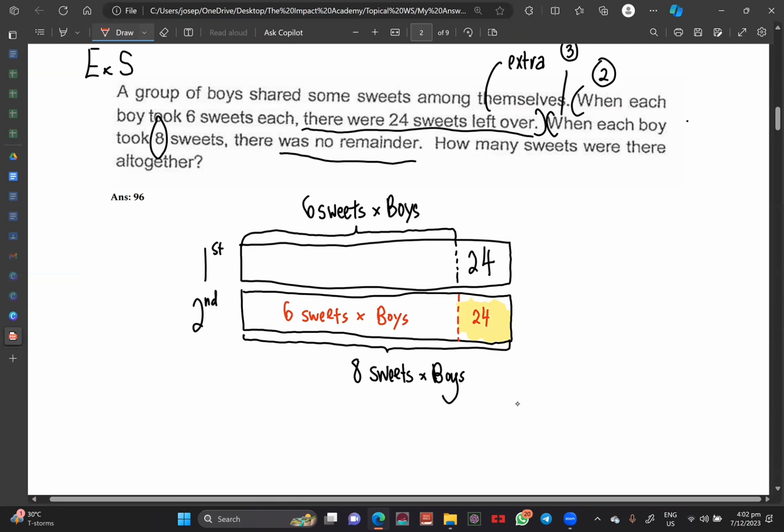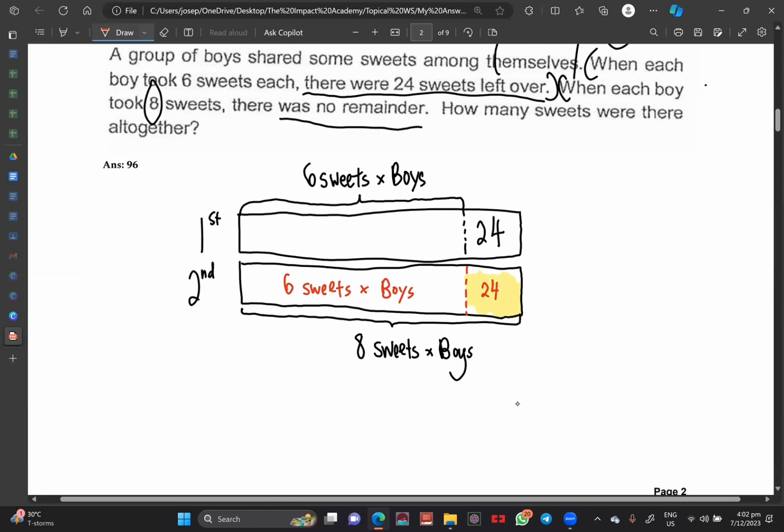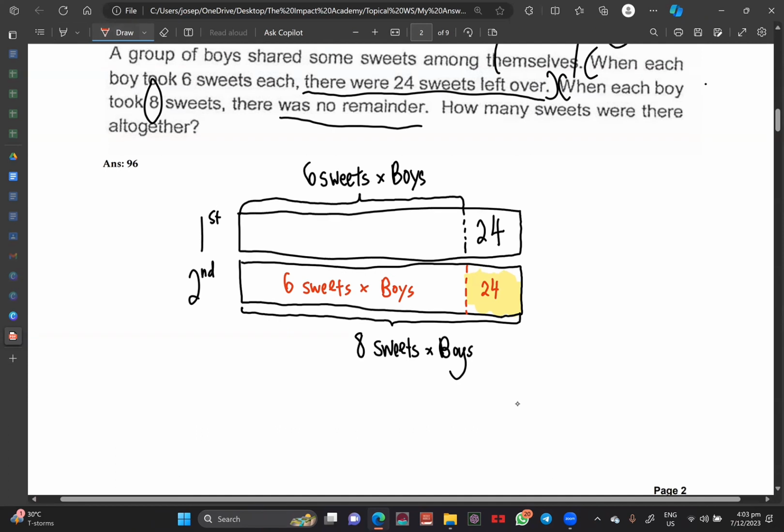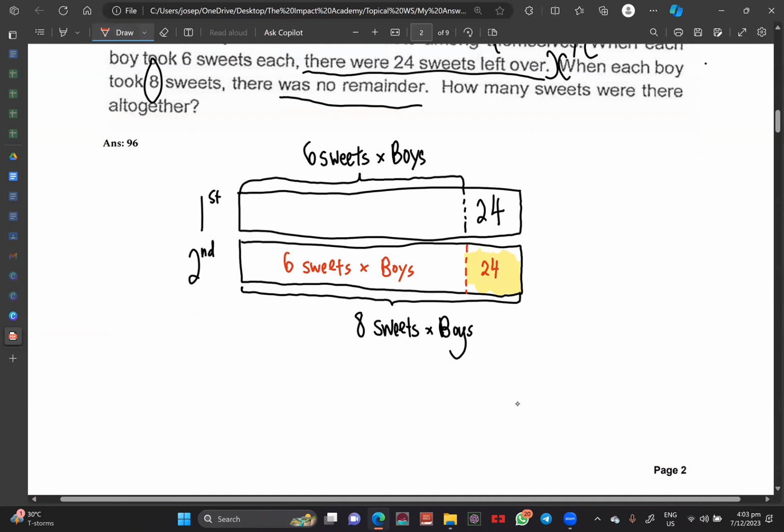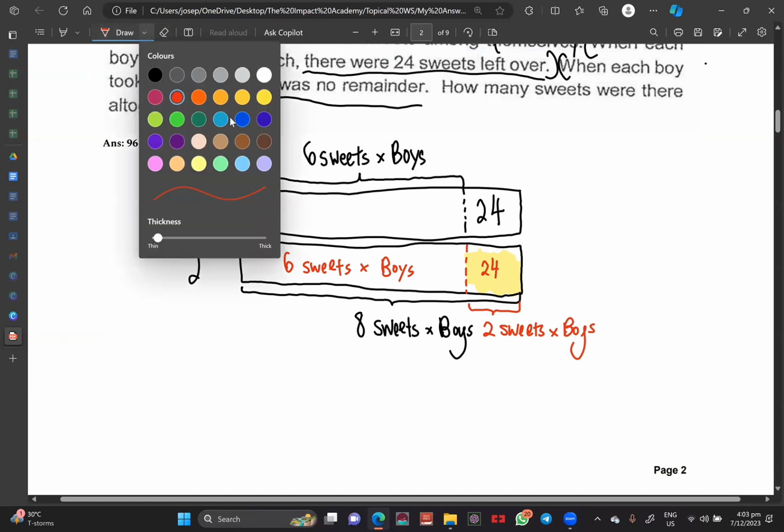True or no? Why is it 2 sweets times boys? Because if I have 8 sweets over here, can you see 8 sweets over here? This is 6, right? So 8 minus 6. Very good. So you can see over here, this is actually 2 sweets times boys. Is that something that you can understand or you cannot understand?